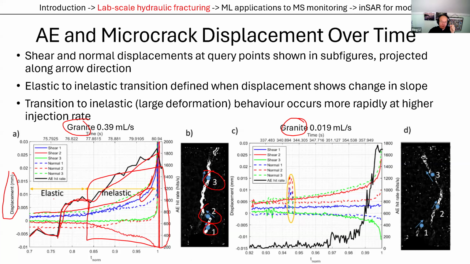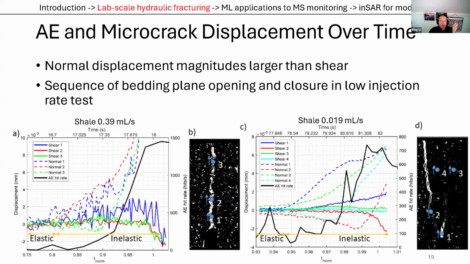So the acoustic emissions are in many ways much more sensitive than what we can get with our imaging techniques. It's a generally similar story with this other granite experiment. Again, we get comparable magnitudes of the shear and the normal deformations, and it's slightly preceded by this rate of elevated seismic energy release, if you will.